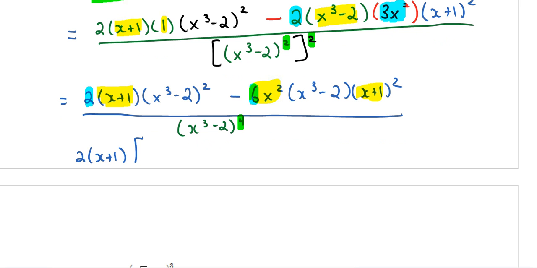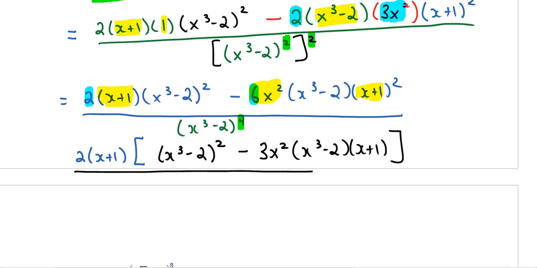If I do that, I will get x cubed minus 2 to the power of 2 here minus, I guess that's going to be a 3x squared onto x cubed minus 2 onto x plus 1 all over x cubed minus 2 to the power of 4.